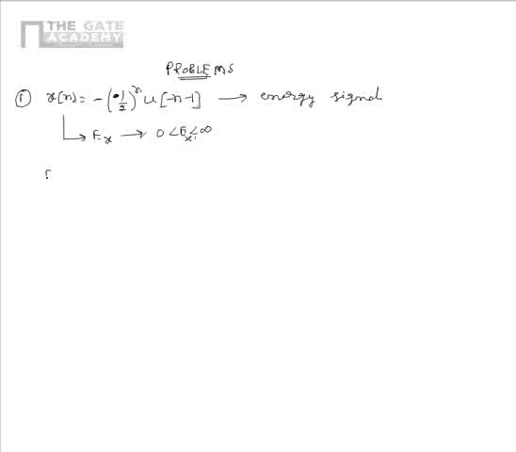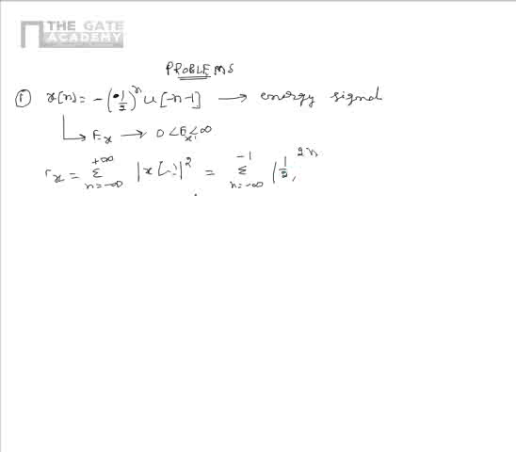So for this, first we find the energy of the given signal as Ex is equal to sigma n equal to minus infinity to plus infinity mod of x of n whole square. This can be further written as sigma n equal to minus infinity to minus 1, (1 by 2) whole power 2n.